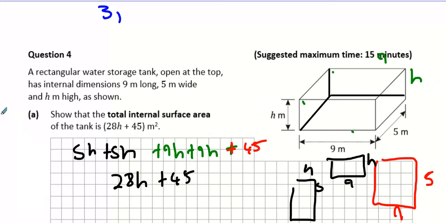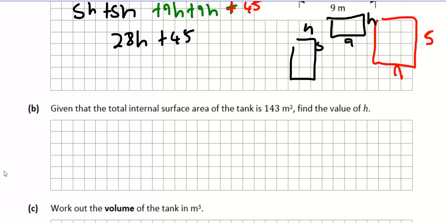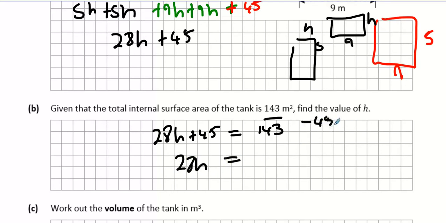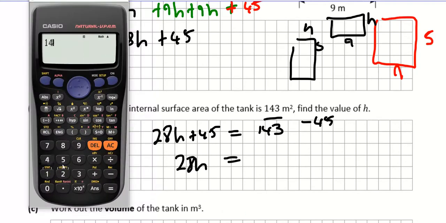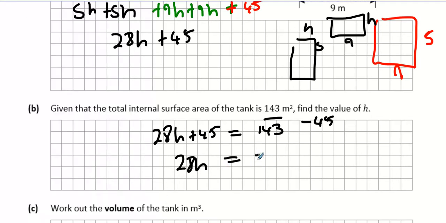Now, if the total internal surface area is 143, find the value of h. Well, we now know that 28h plus 45 is 143. So 28h equals 143 take away 45, which is 98.